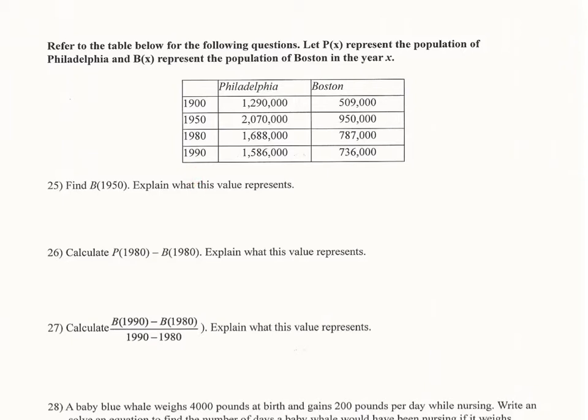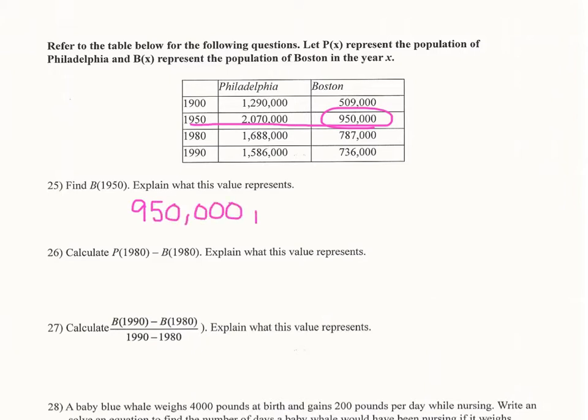So when it says find B of 1950, that's asking me to take 1950 and look at Boston, which is 950,000. And what does that number represent?